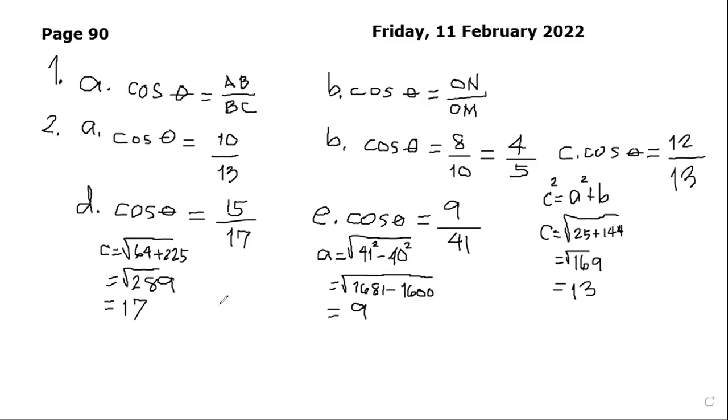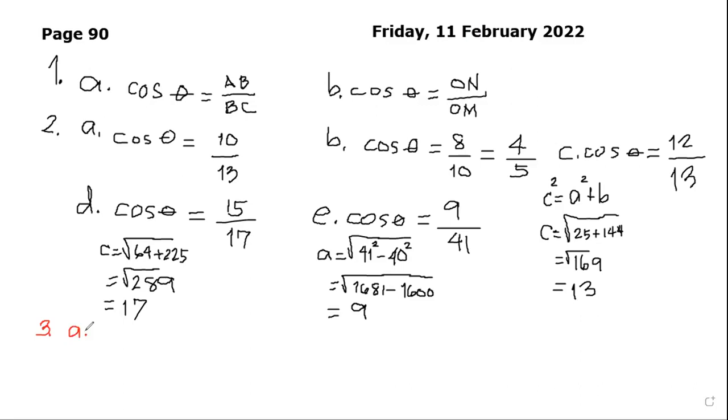Okay, so make sure online that you follow. Number 3, A. Find the value of x in each of the following triangles with the given values of cosine theta.